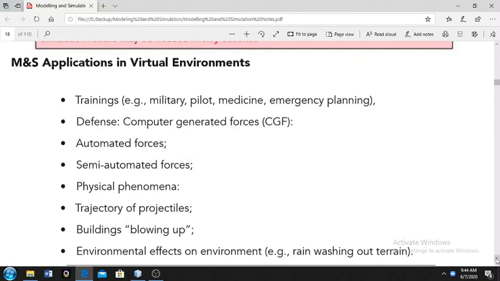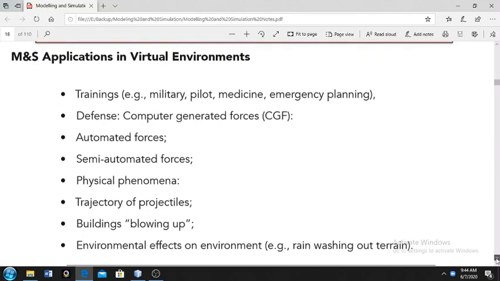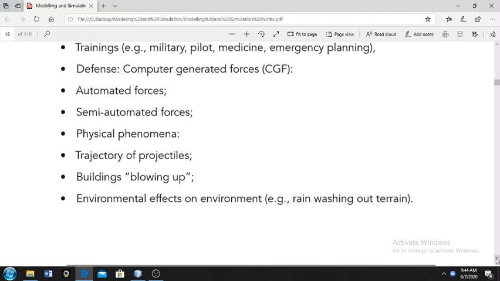In defense, for example, there are automated forces and semi-automated forces. For physical phenomena like earthquakes, you cannot engage an area like a district or a city in a real earthquake. That would be super crazy.